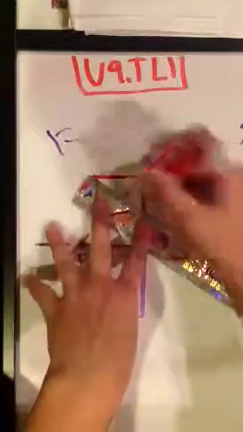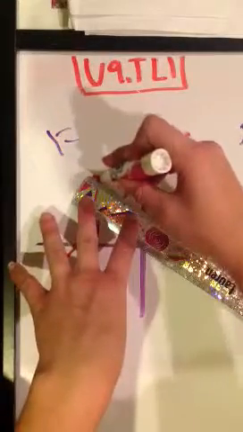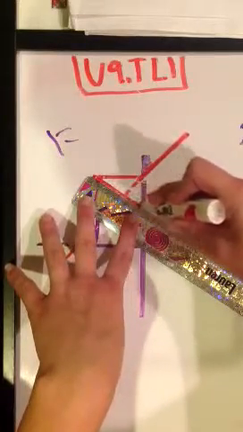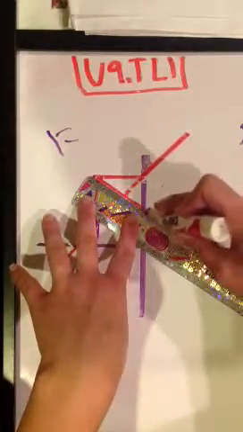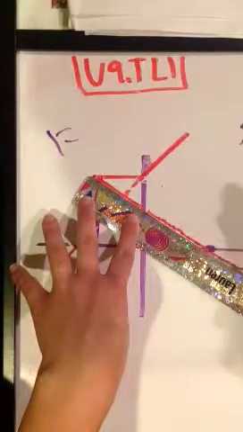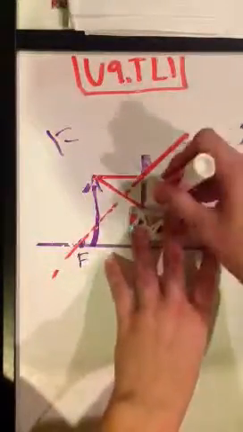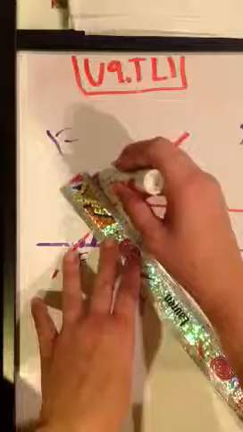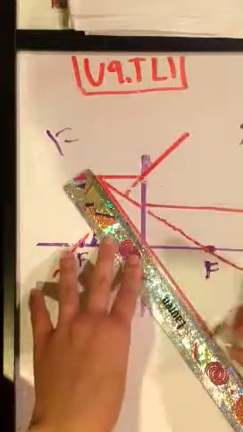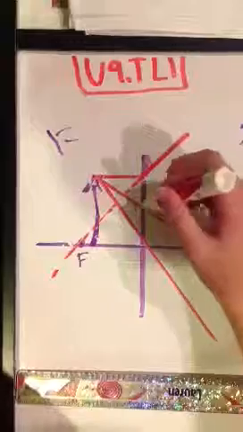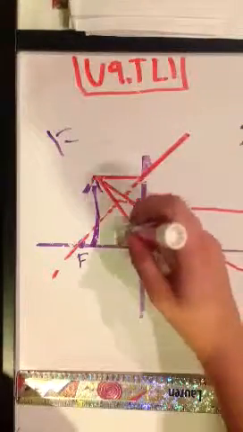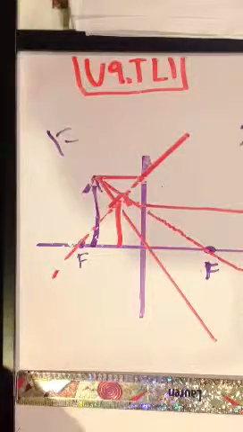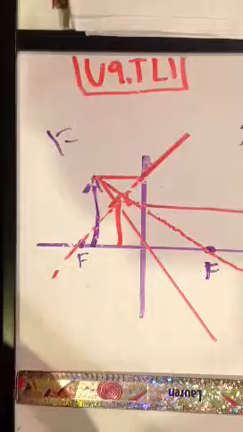Then we have the other focal ray where it goes through the focal point and then parallel. And then of course we have the central ray. Where all these points meet, right here, is where the image is formed. And as you can see, it is smaller, virtual, and inside F. And there are all the cases.